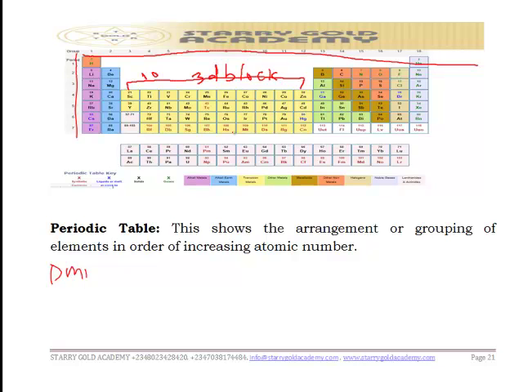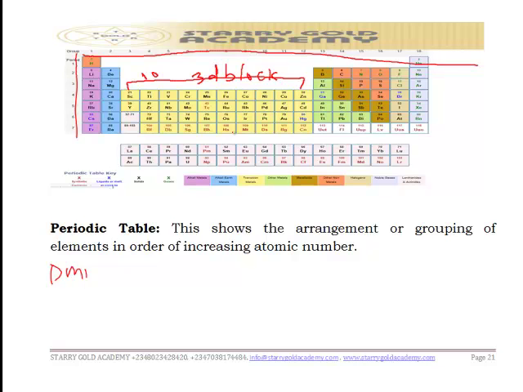Now quickly let's talk about the periodic table. This periodic table shows the arrangement or grouping of elements in order of increasing atomic number. But remember I told you that Lavoisier's arrangement of the periodic table was based on metal and non-metal.